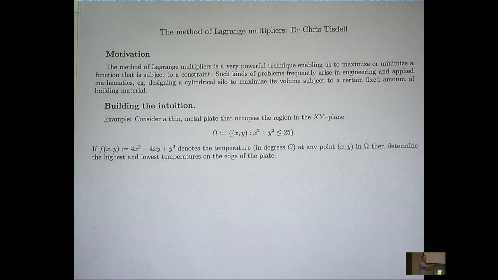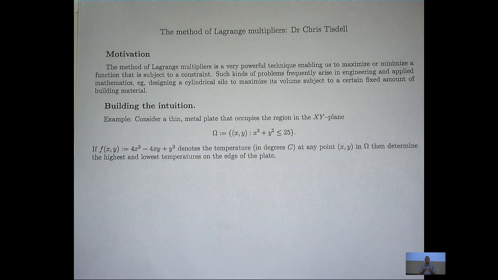What we're asked to do is to determine the highest and the lowest temperatures along the boundary or the edge of the plate. So we're not concerned really with what's going on in the interior. We're just interested in what's happening on the boundary, the edge of the plate.